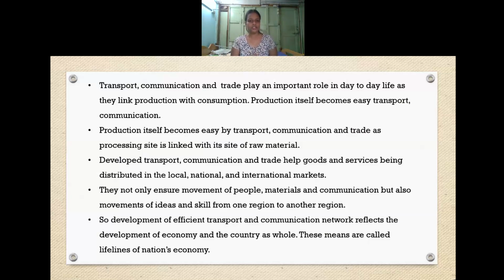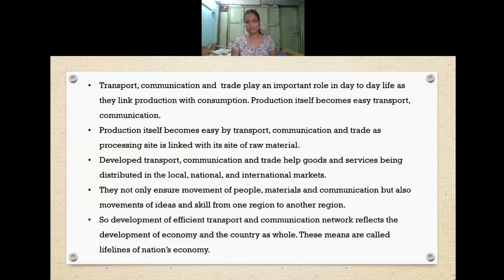Okay, so transportation, communication, and trade play a very important role in day-to-day activities, and they link the production with the consumption. Production itself becomes very easy when transportation and communication give the support to them.